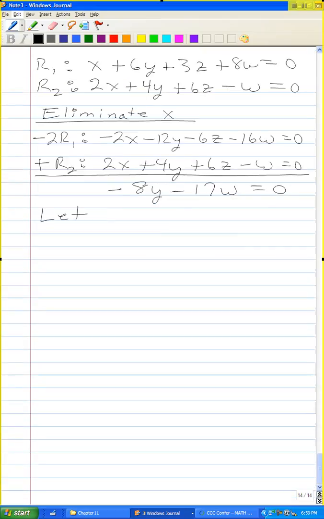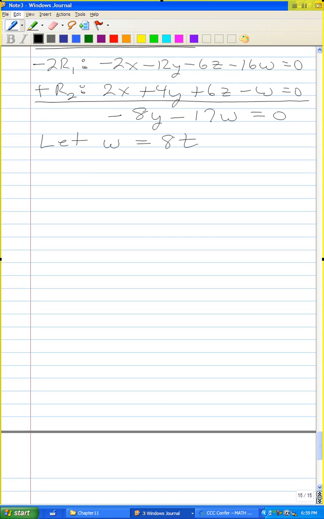So let's say w equals 8t. Doesn't really matter, I'll just leave it as positive. And so that says negative 8y minus 17 times 8t equals 0. So let's multiply 17 times 8.